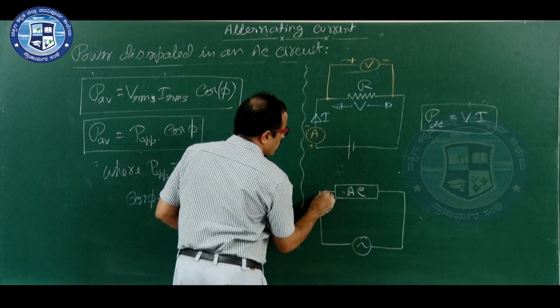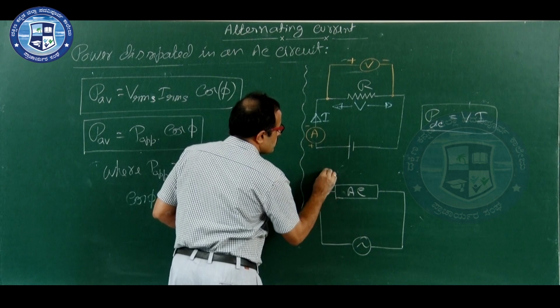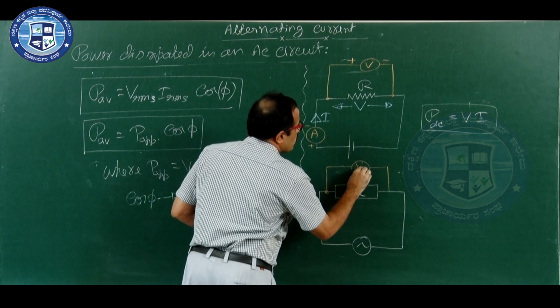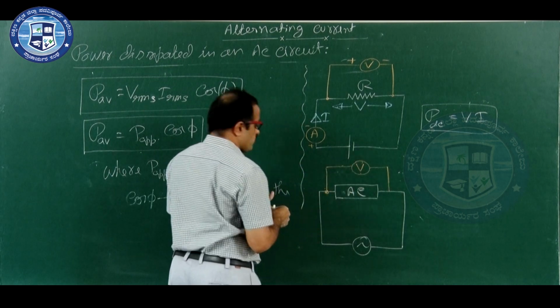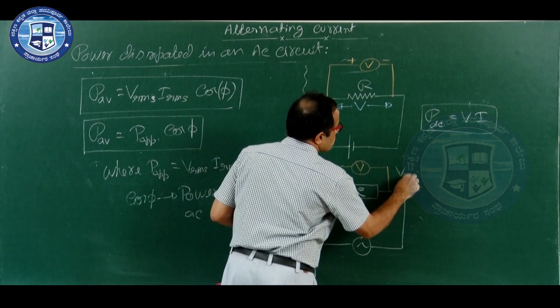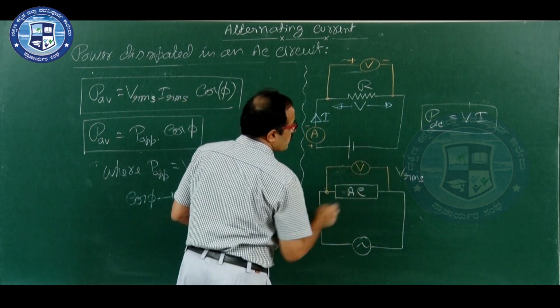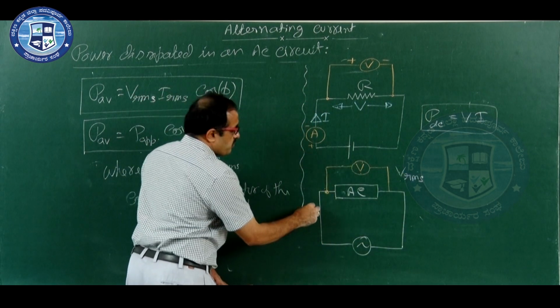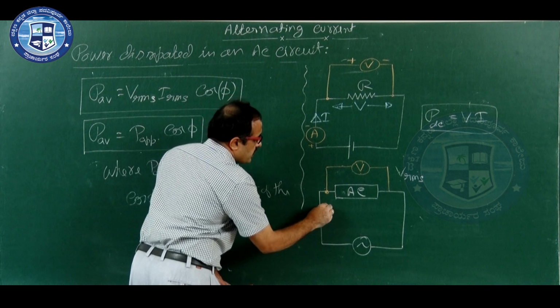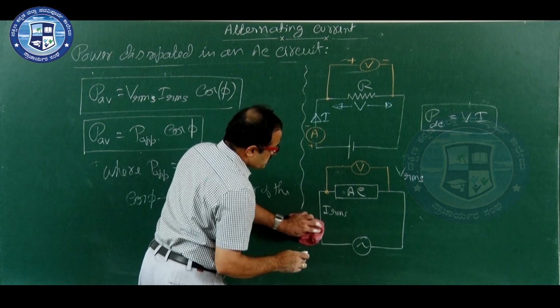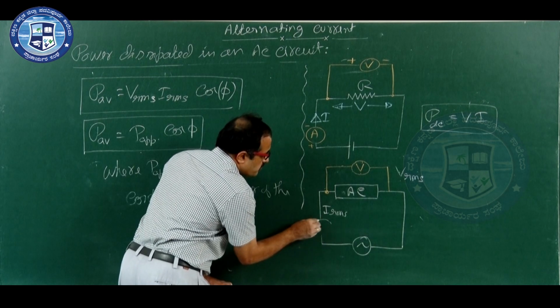Therefore, to measure voltage, here we connect an AC voltmeter, which indicates V RMS. Voltmeter reading is nothing but V RMS, and I want to measure current in the circuit. What is that current? I RMS. For that, we connect an AC ammeter.